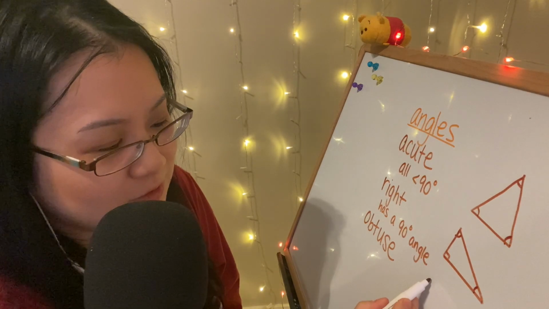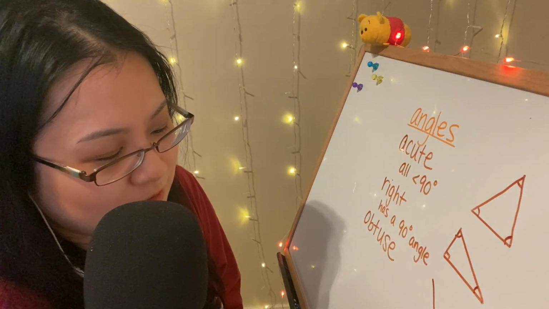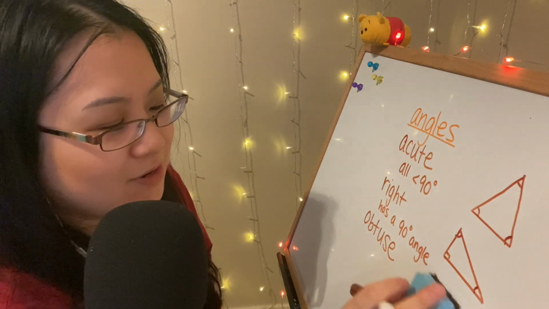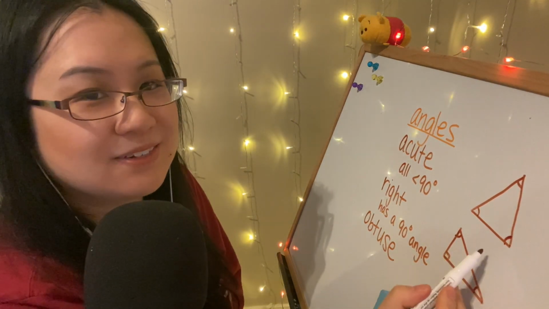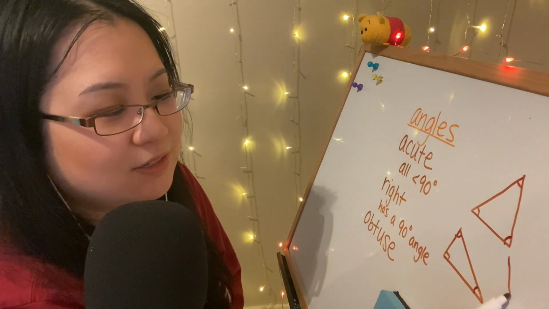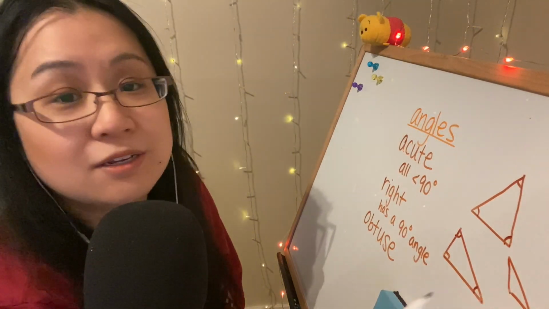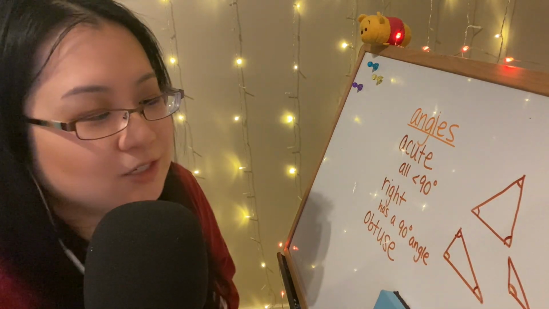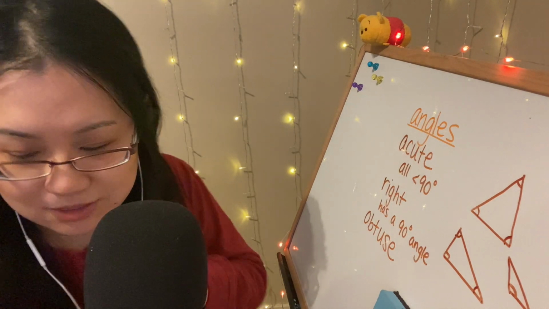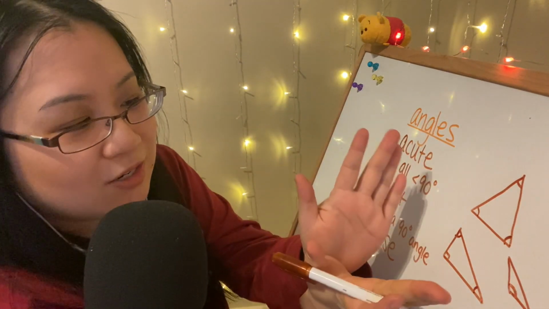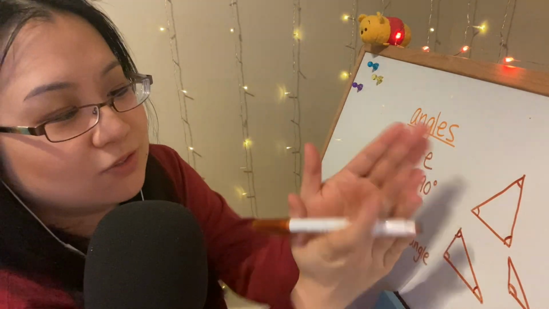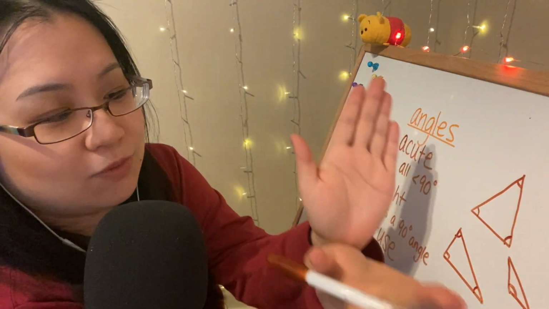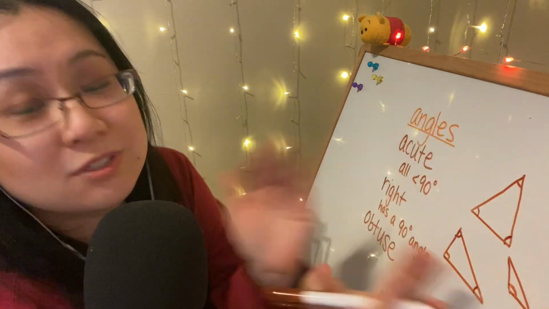Let's see if I can squeeze one here. How about like so? Oops, still got cut off. Obtuse is going to look about like so. So this angle here is more than 90. It is wider. So we have little acute angles, then we have a right angle, and then we have a wide obtuse angle.